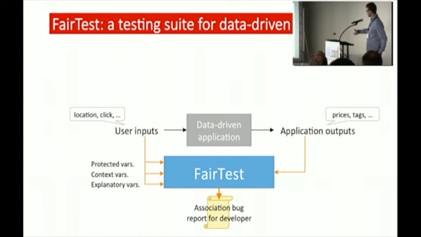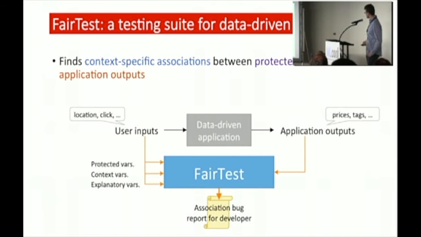Then we rank all the results to give the developer the most important findings first. What this bug report will find is associations between a certain set of protected variables, things you especially do not want to discriminate against, like gender or race, and your application outputs.